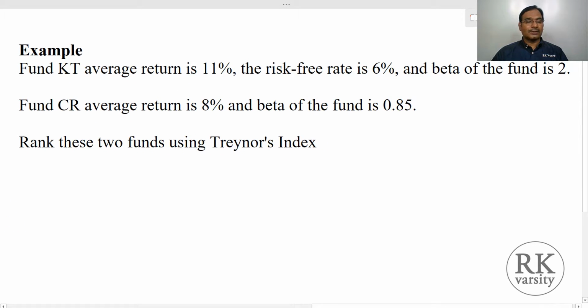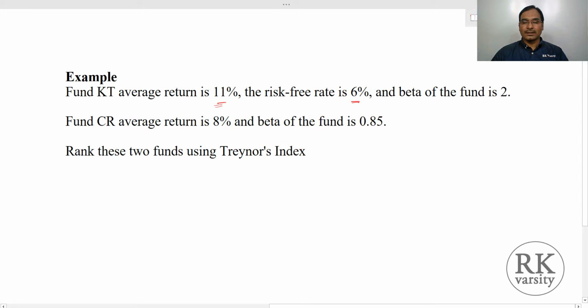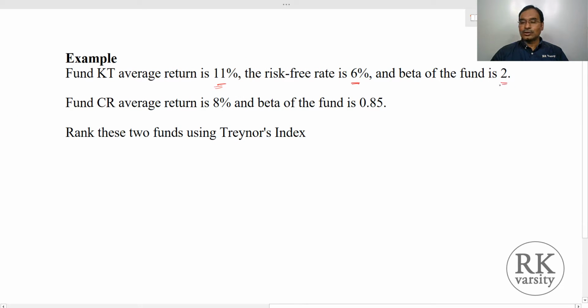So here we have an example. Say you have two funds. For the first, the average return is 11%, the risk-free rate is 6%, and the beta of the fund is 2. And there is a second fund whose average return is 8% and beta is 0.85. So we'll calculate for two funds, that is KT and CR.